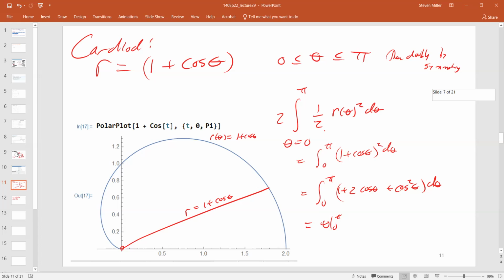Sine. This is going to be plus 2 sine theta at 0 and pi, plus the integral from 0 to pi of cosine squared of theta d theta. And so this one is just going to be pi. The next one is going to be 0. And we have the integral from 0 to pi of cosine squared of theta d theta.